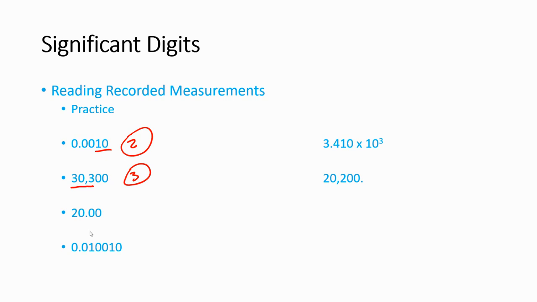They're placeholders. An interesting one, 20.00. These 2 zeros are to the right of the decimal. They're also to the right of a non-zero. That makes them significant. That also means that this 0 right here is trapped. So this actually has 4 significant figures.